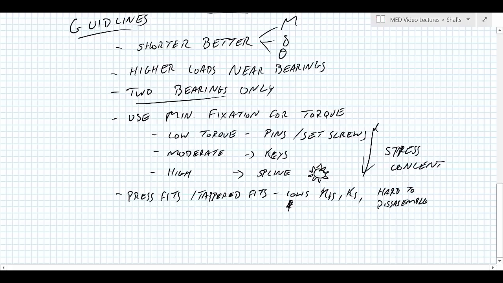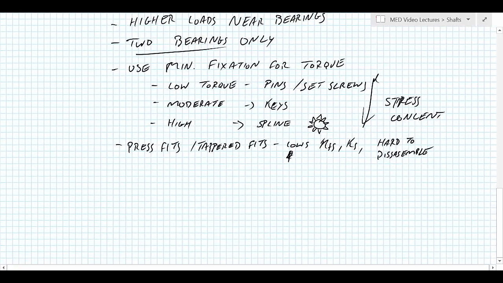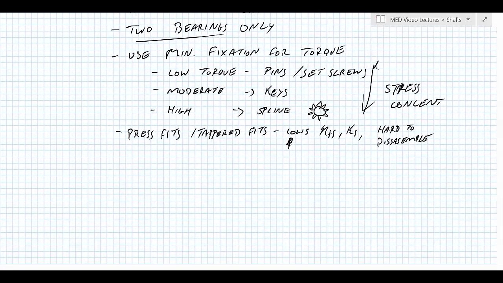So if you need to replace the bearings at some point, or change the gears around, you need special tools, and it becomes very difficult, time-consuming and expensive to disassemble. And then finally, we can do things to reduce those stress concentrations that we do have.